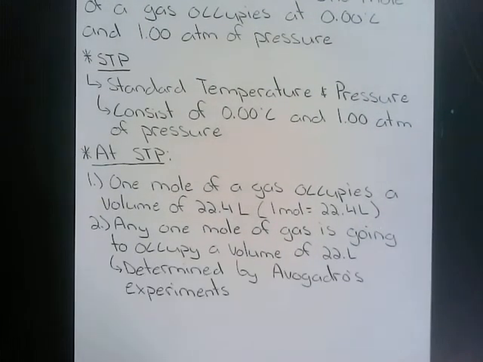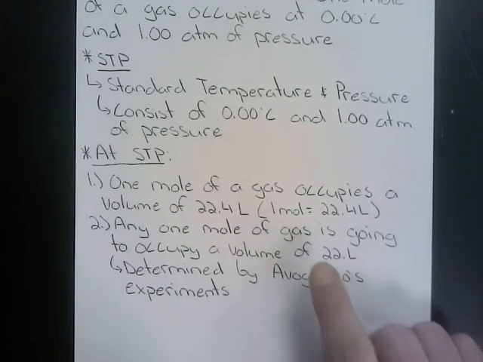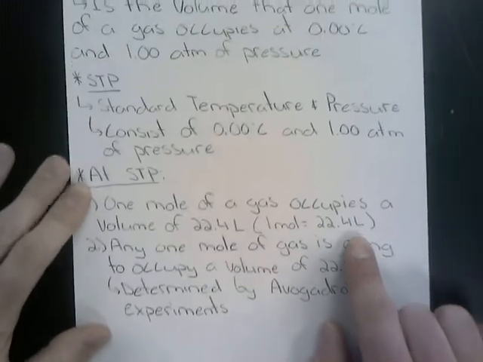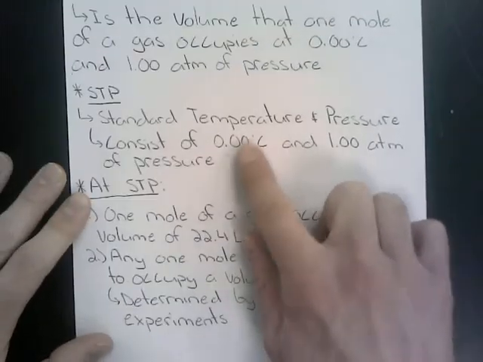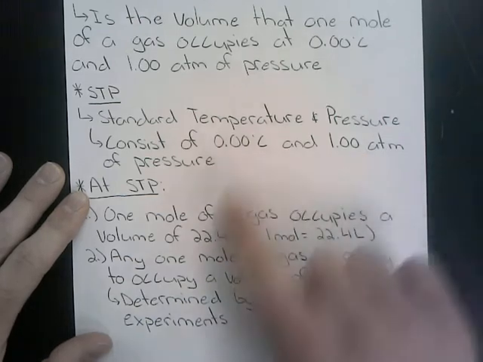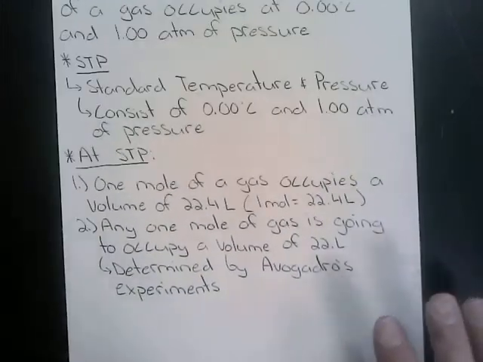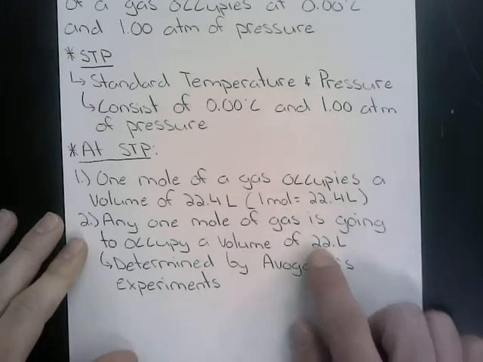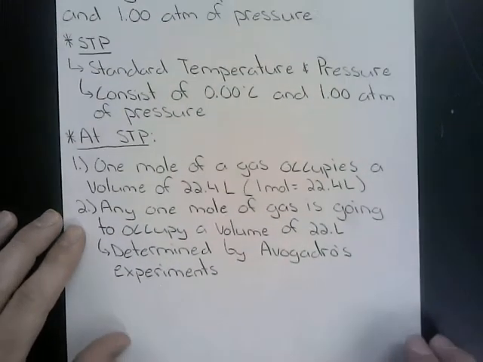Okay, so a couple of takeaways from this. 1 mole equals 22.4 liters for a gas, but only if we're at STP, so we're at 0 degrees Celsius in 1 atmosphere. Any other time, we have to use a little bit different method we'll talk about in the future. But 1 mole equals 22.4 liters.